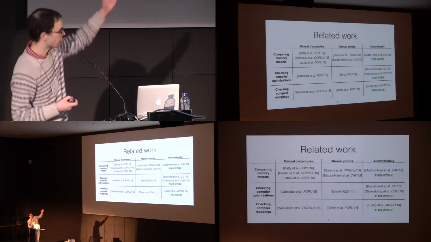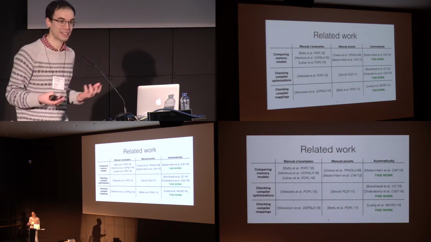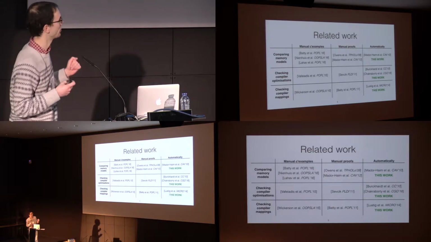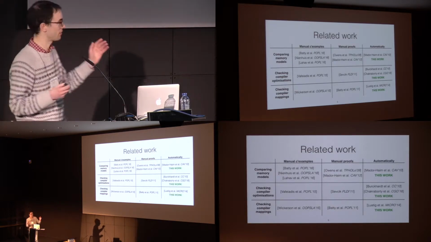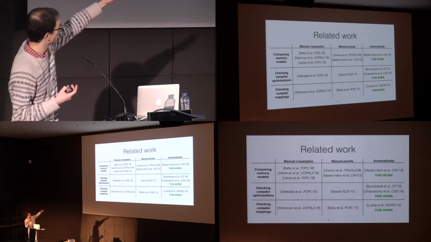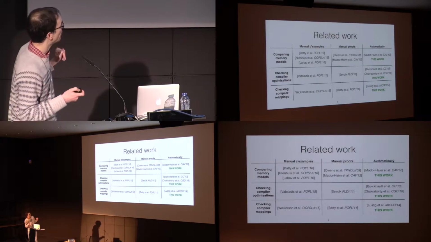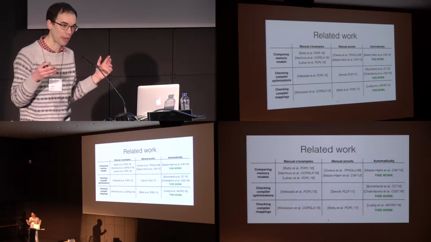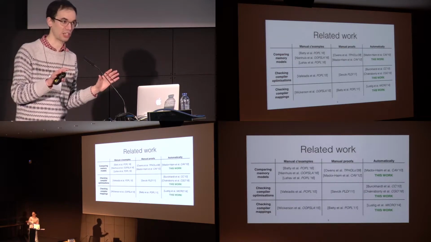So finally, the third column, automatically doing these tasks, at least up to a bound, I should say, is where this work fits in. And there have been some previous works in these cells. Manerkar and authors have a tool for comparing memory models, but they only look at the architecture level memory models.